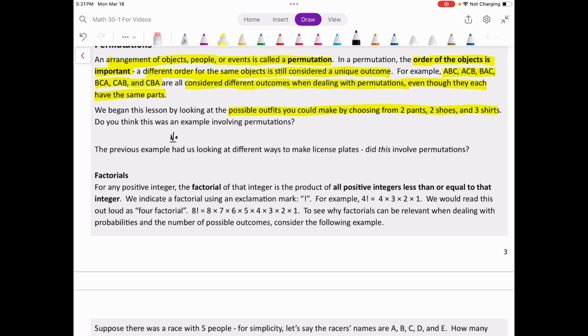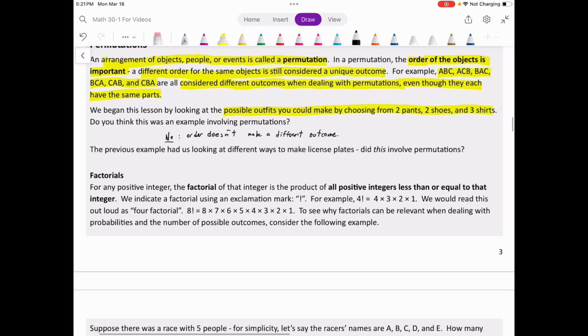No, it doesn't. Order doesn't make a difference. It doesn't give a unique outcome. Choosing the same things in a different order doesn't result in a different outcome, right? It's the same outfit if the same things are chosen in a different order.